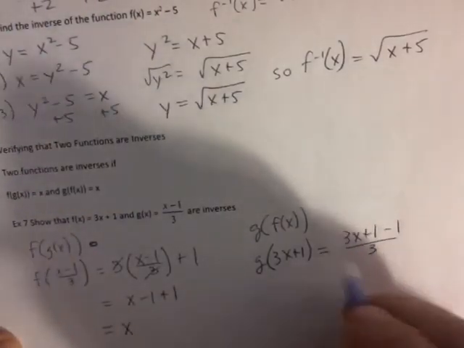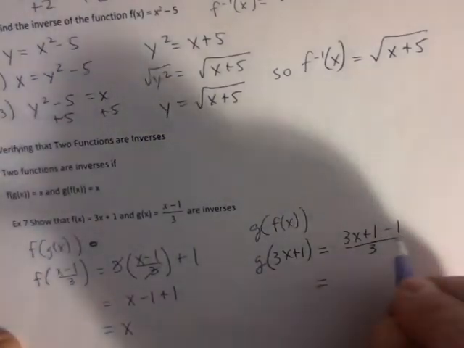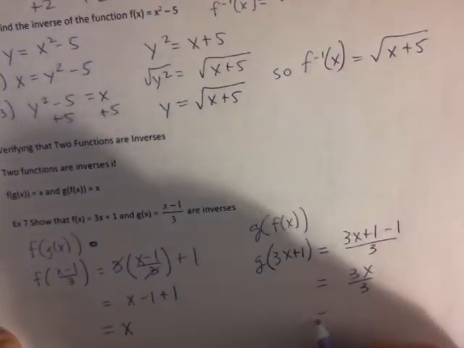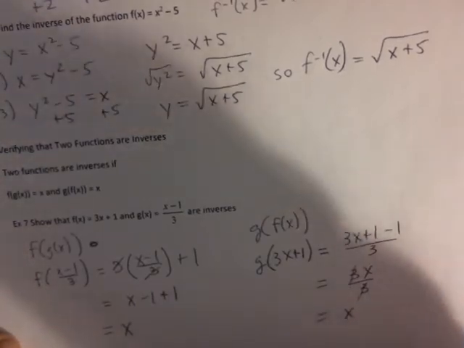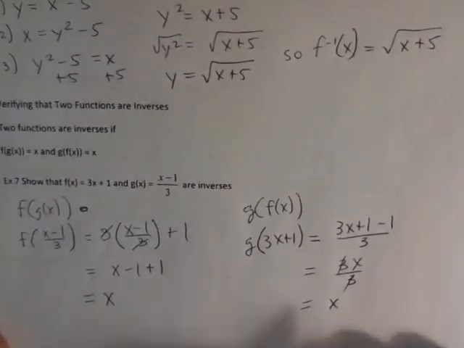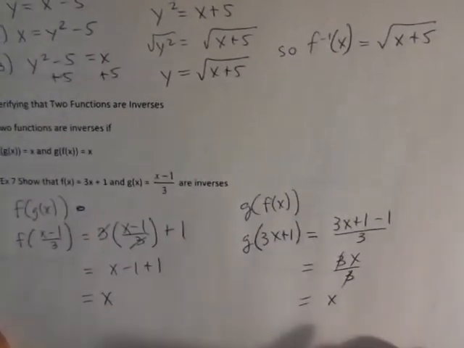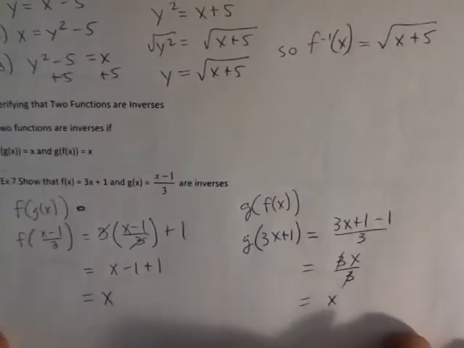And remember, you always simplify in grouping symbols before you do anything else. 3's cancel, and I'm left with x. Okay? So that is your verification that two functions are inverses. It's more compositions like we did in 6.1.